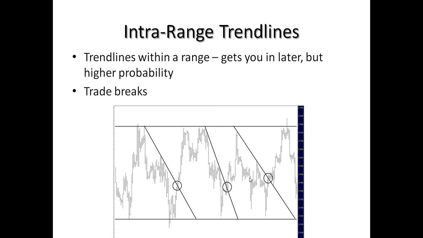So within a horizontal range, there's no bias long or short. I'm looking to go long near the bottom, short near the top. However, in an uptrend channel or an uptrend range, my bias is obviously to the upside because I'd like to follow the trend. So in an uptrend range, I'm looking only to go long near the bottom, near support, and I'm not looking to go short near resistance.